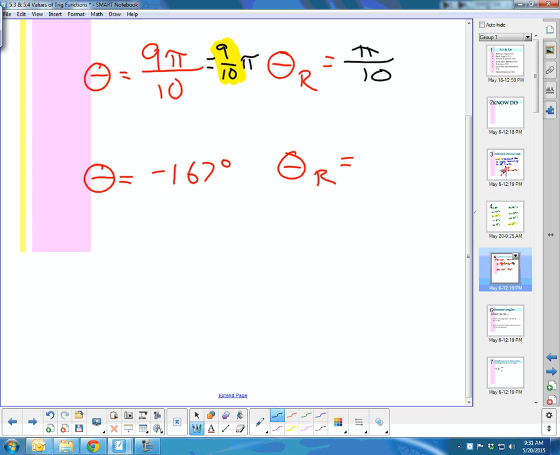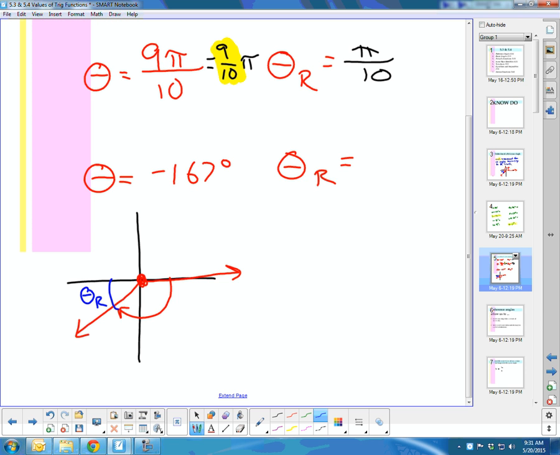All right, so hopefully you tried that yourself. Draw a coordinate plane. Draw my angle in standard position. It's going to have a negative rotation. And I am looking for this measurement right here. This is going to be my reference angle.